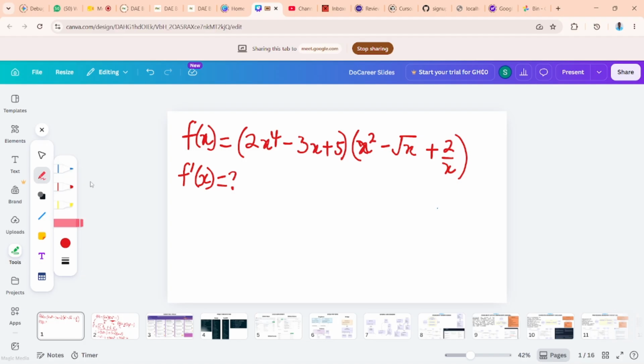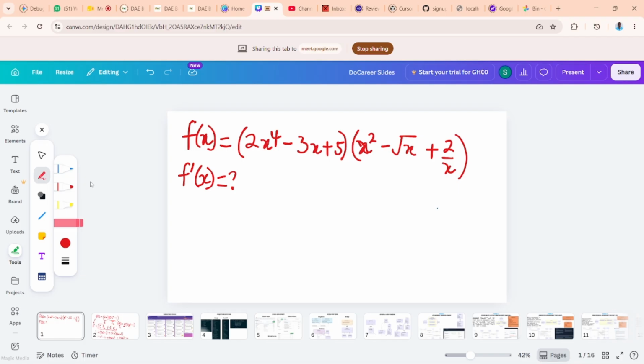No, you don't have to. The second bracket: you say the last one is minus x to the power half plus what? I'm just trying to rewrite the root x and the 2 over x. When you are rewriting the 2 over x, what do you have? That is x to the power negative 2, right?